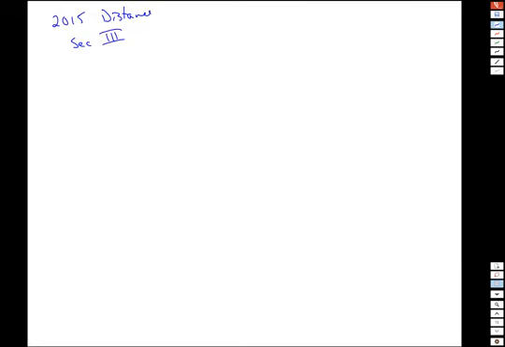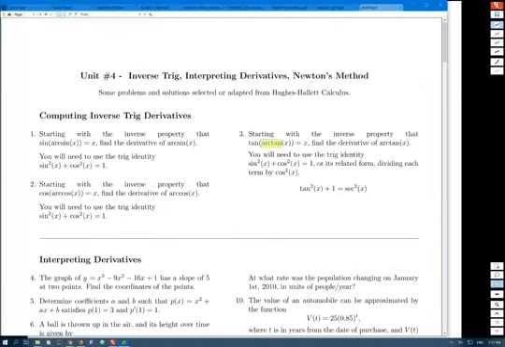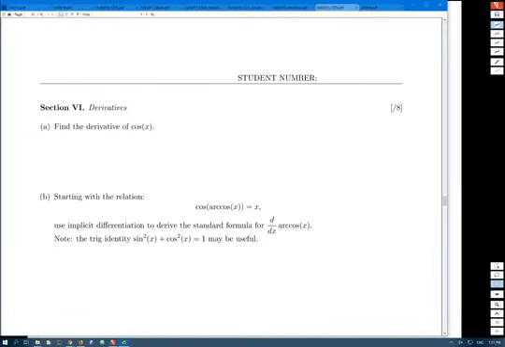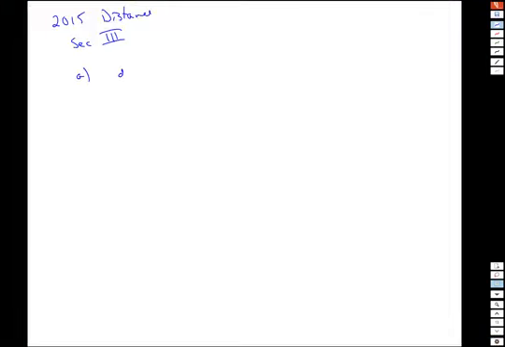All right, that being said, it is also helpful to see it gone through. So this is 2015 distance section 3. Okay, so find the derivative of cos x. That's not too bad.